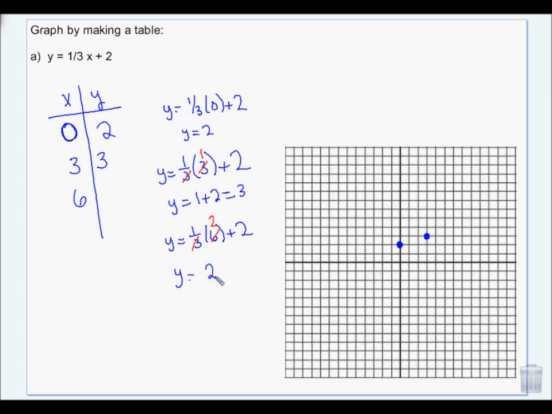So I get y equals 2 plus 2, which is 4. So I go over to 6, so that's 3, 4, 5, 6, and then I go up to 4. And now I have 3 points, and I can see that, yes, I'm making a straight line. So I just go and connect my dots.